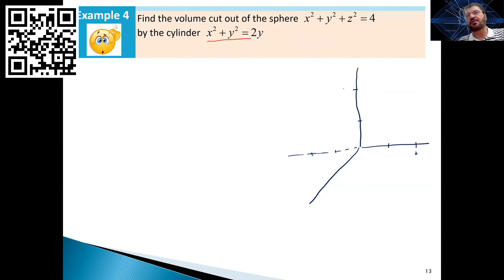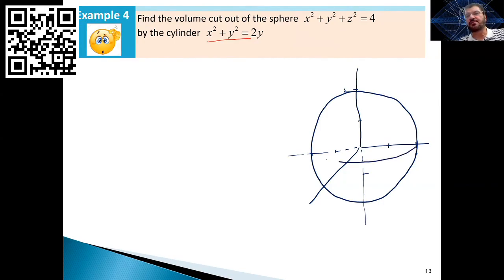On the top, 1 and 2. At the bottom, we're going to go -1 and -2. So now we can graph actually the sphere of radius 2. Here it is. And you can make that circle here. And this is, by the way, on the x-axis is -2, and this is 2.